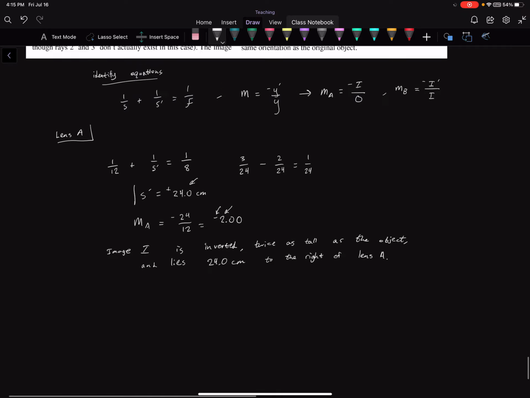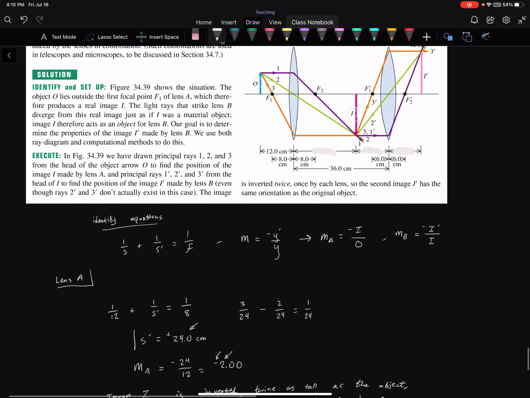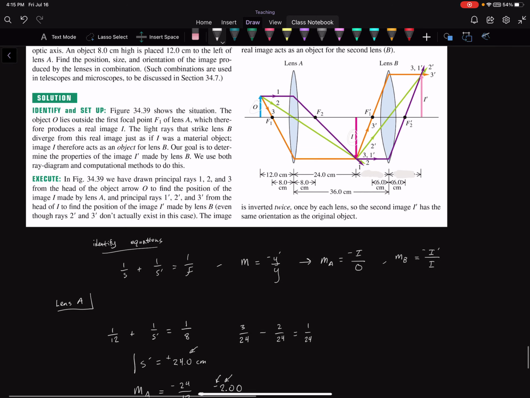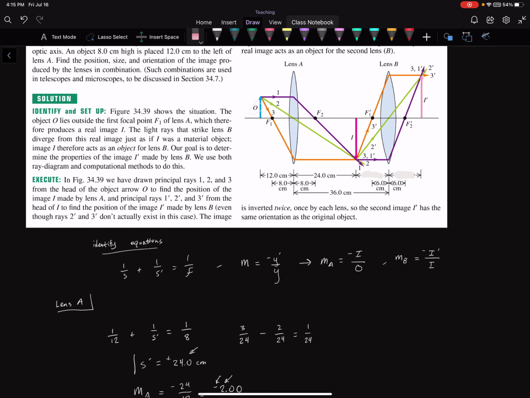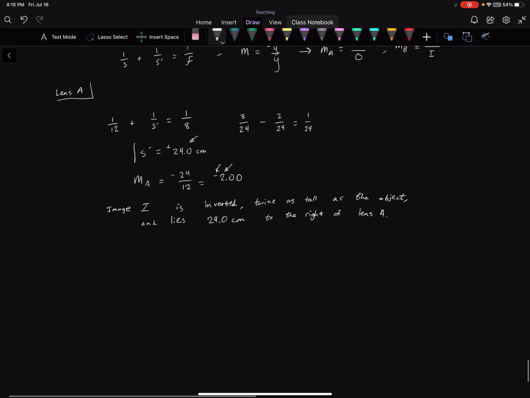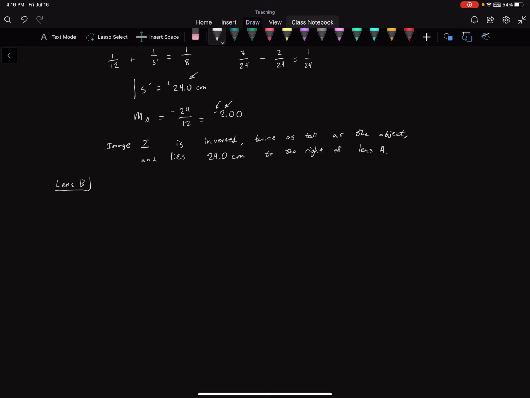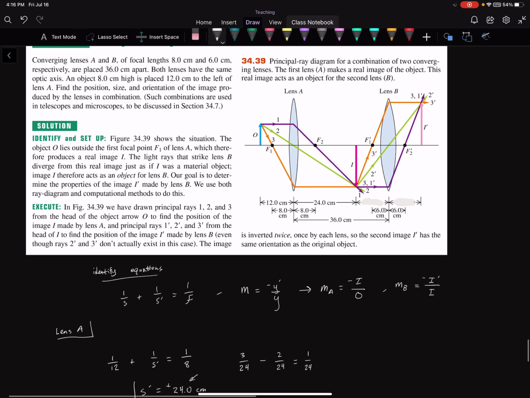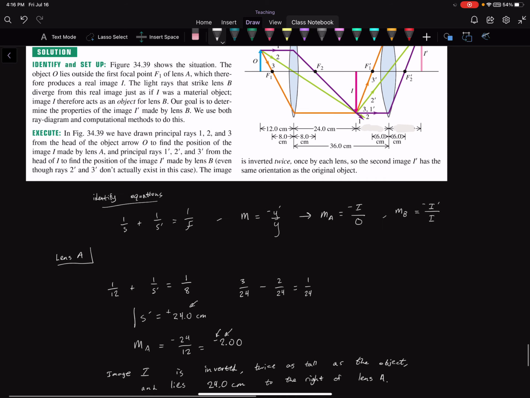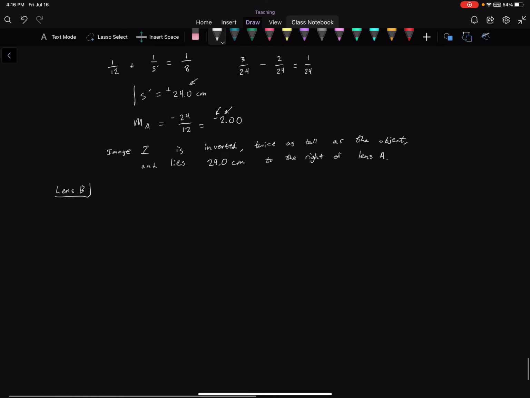Okay, so now we're ready. We have our dimensions. We figured this one out. Now we can proceed to the second one. Okay, so now we have our lens B event, lens B. So if A and B are 36 centimeters apart, then 36 minus 24 is 12, right?